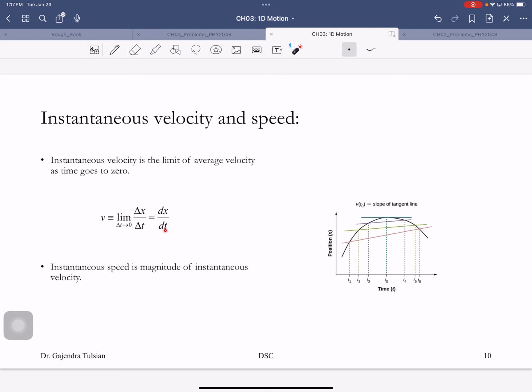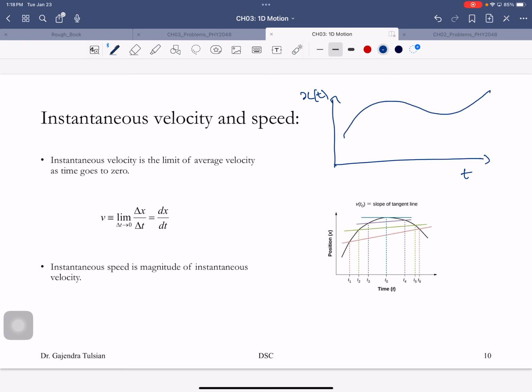You learned in your calculus classes, if you draw x as a function of time, which was the description of motion, dx by dt is equal to the slope of the tangent line.